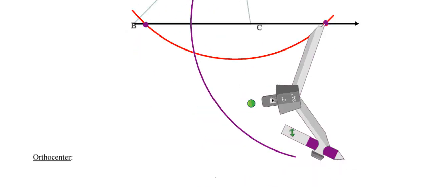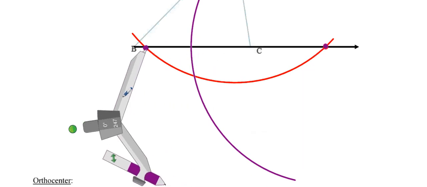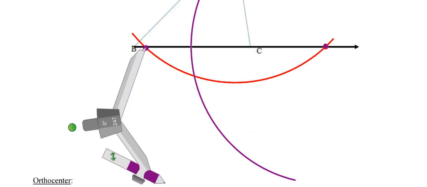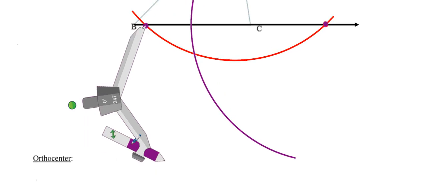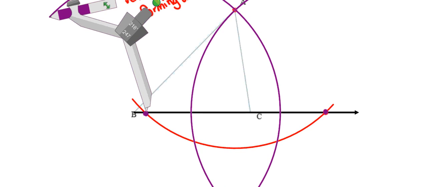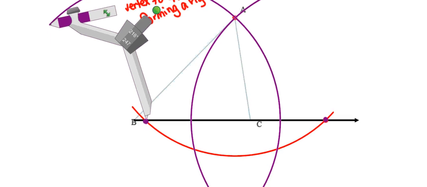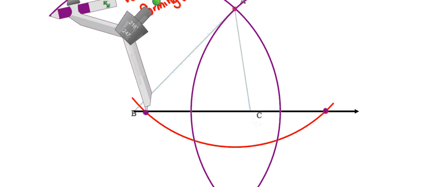And again, remember that you can use any convenient compass setting as long as it's half the length or longer than half the length of the segment you're trying to bisect. I like to use one that's the same distance as it is from that point A to the endpoint. So the same as the first one, just because then I'm always sure that it goes through the point that I'm trying to bisect.